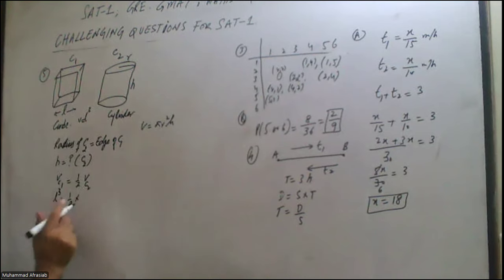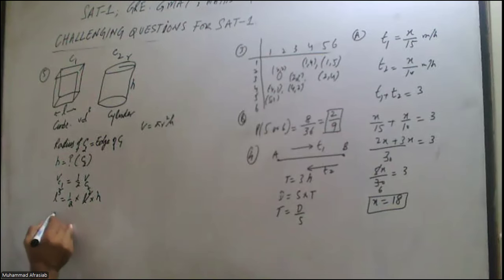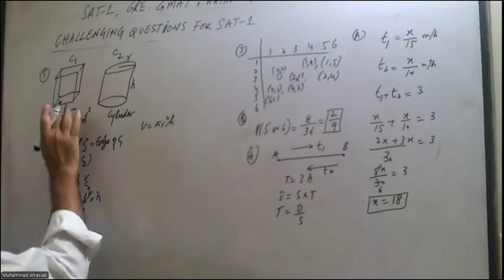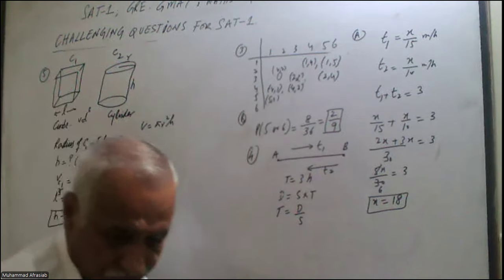So L cube is half of pi L square into the height h. So L square cancels, and the height is basically equal to twice the length divided by pi, where the radius of the cylinder is equal to the edge of the cube.